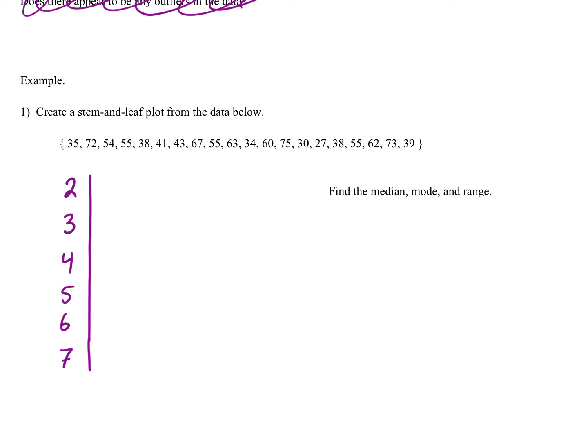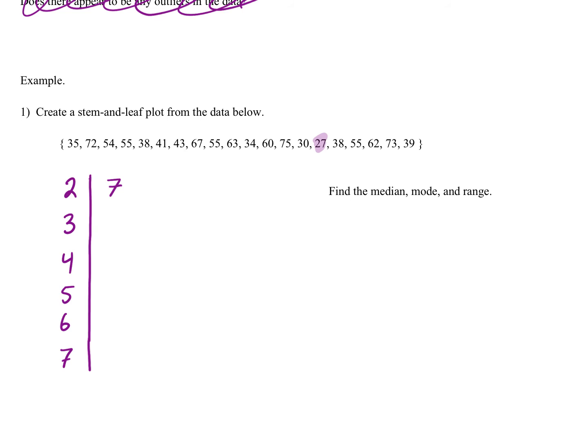And then I'm going to find my leaves. I'm going to find any number in the 20s, and list them from least to greatest. This is 27, so I'm going to put a 7 in my leaf section.